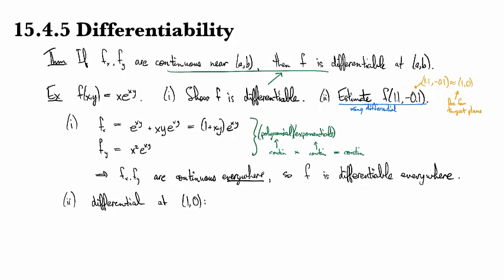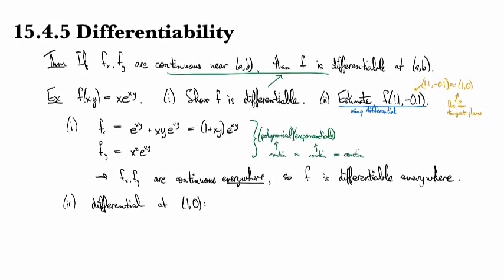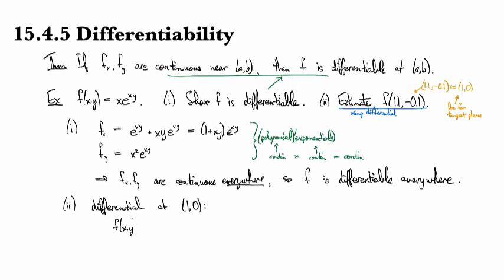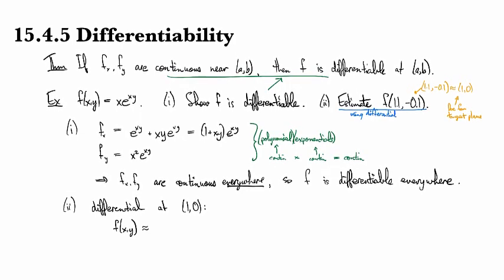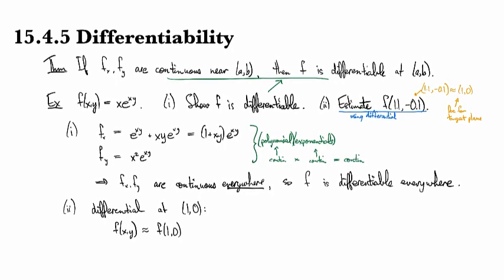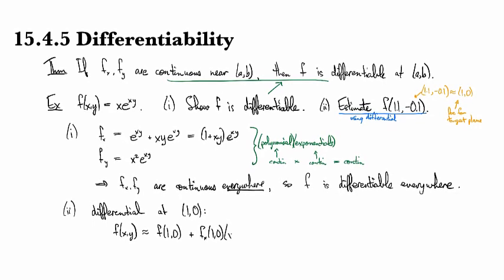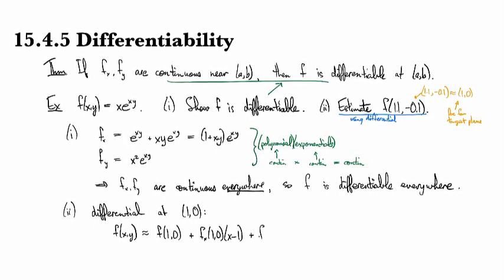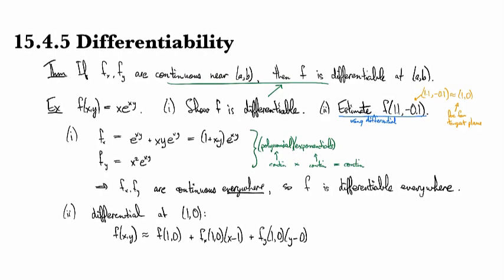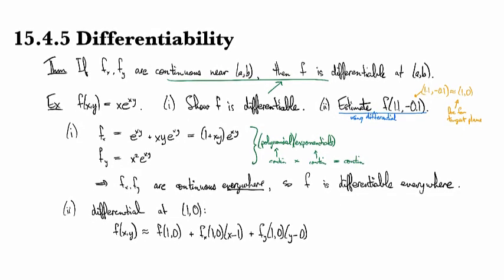So f(x, y) is going to be approximated by f of 1, 0 plus f_x(1, 0) times (x minus 1) plus f_y(1, 0) times (y minus 0). All right, so I'm just plugging in the points that we're looking at.